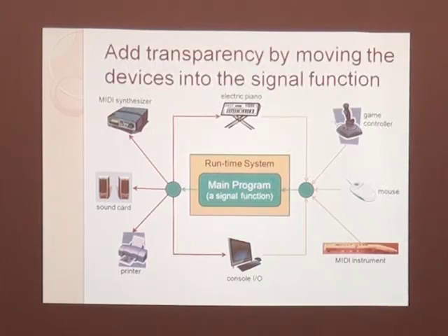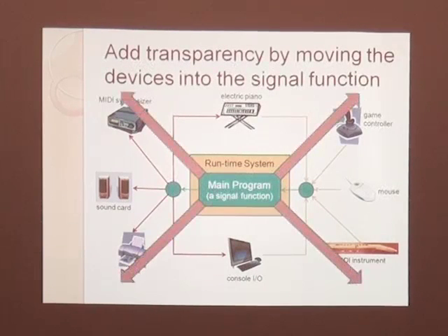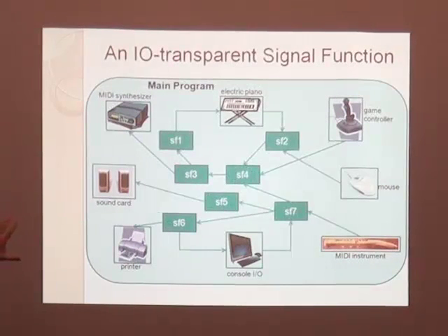So what we want to do is expand the main program to encapsulate all of these I/O devices. As I said, it could be tricky, but it's going to be nice, as you'll see in a second. So if we move the main program to encapsulate all of them, then all of these I/O devices you can think of as signal functions.